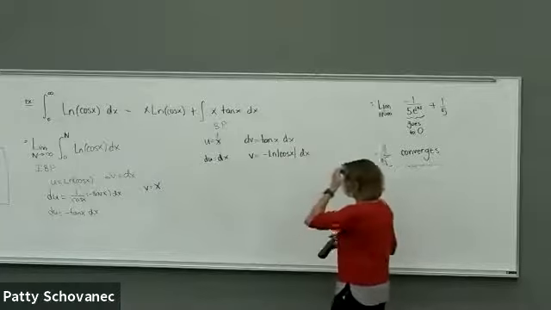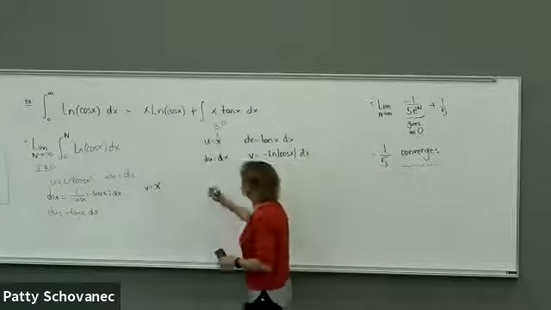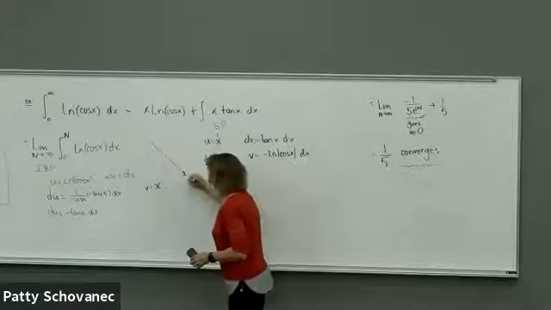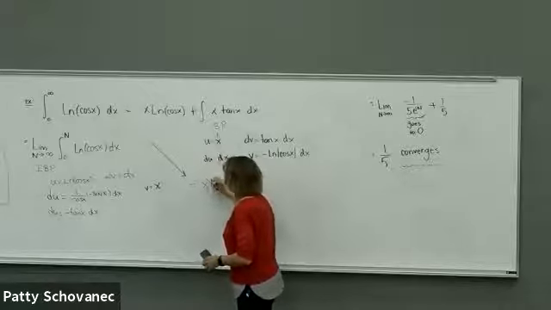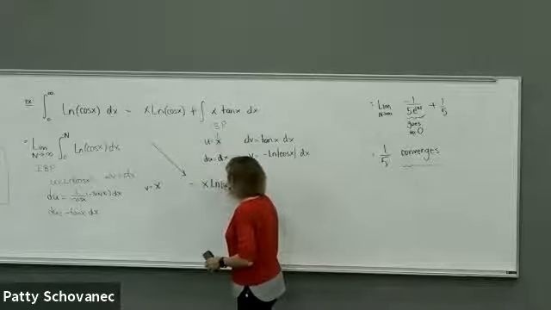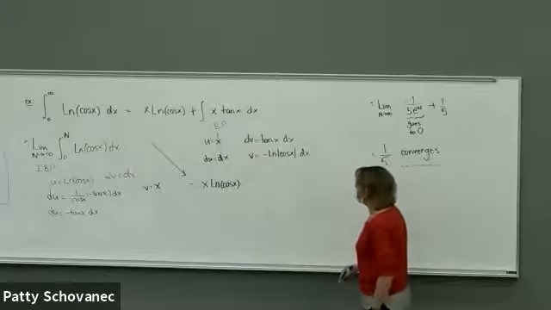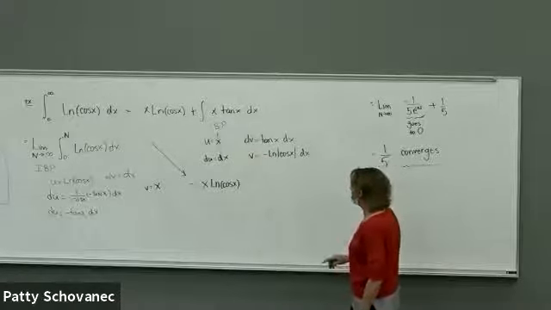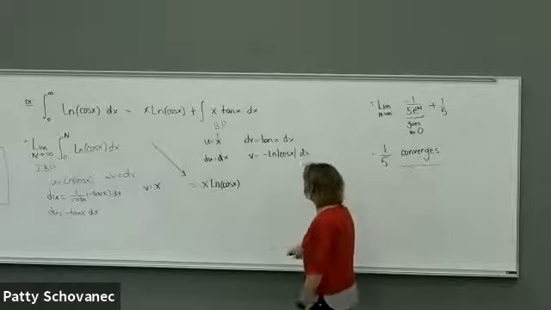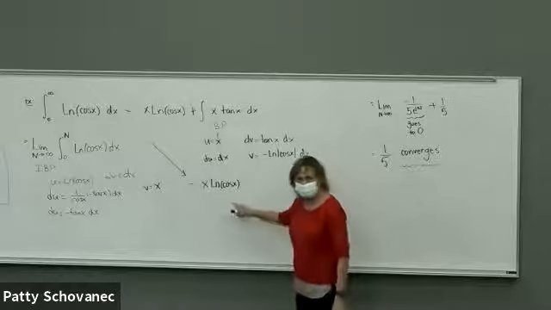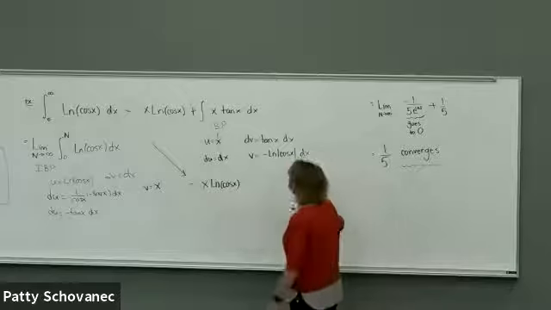Who made this example up? We're going to assume that we're looking only where cosine's positive. I guess that's a bad assumption. That should probably be an absolute value, right? Because we can't take the log of a negative number.